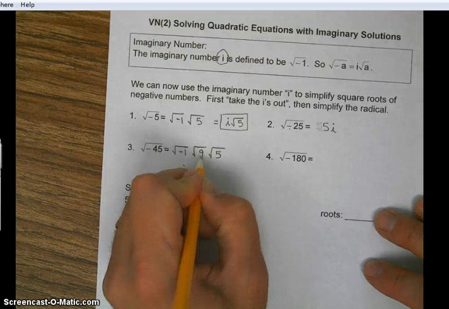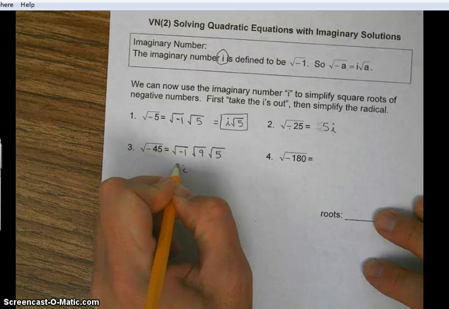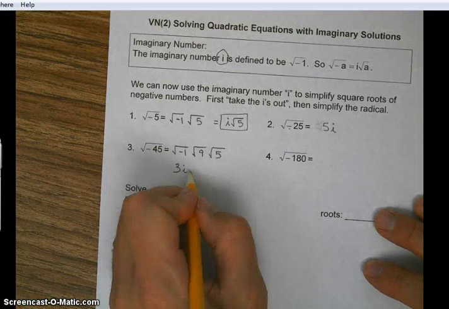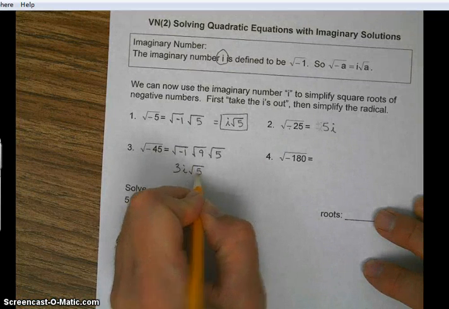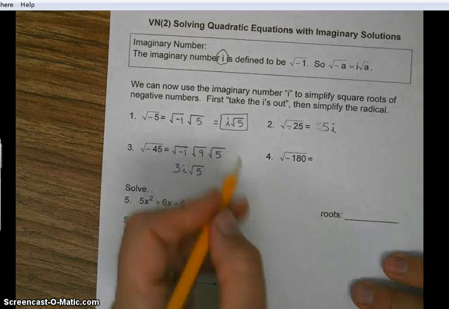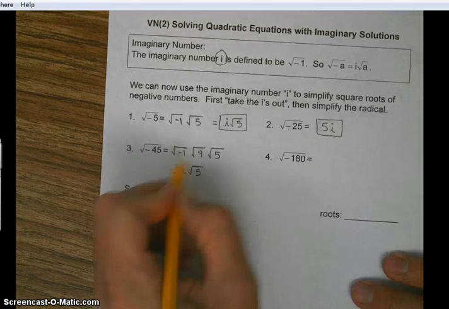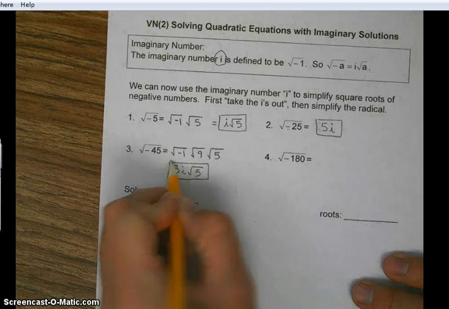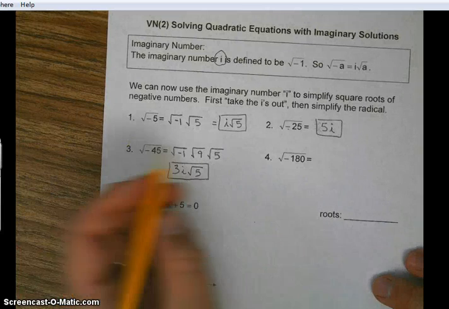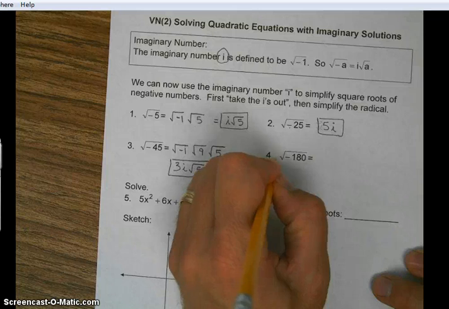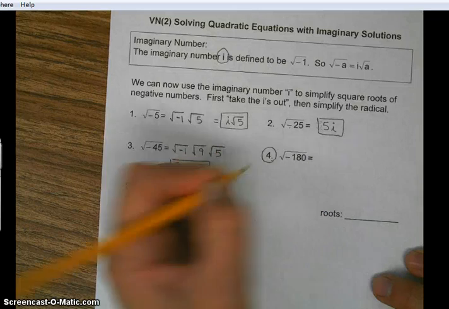The square root of 9 is 3. And then radical 5 on the end. Okay? So that's our simplified radical. Why don't you do this one? And I will check what you get in class.